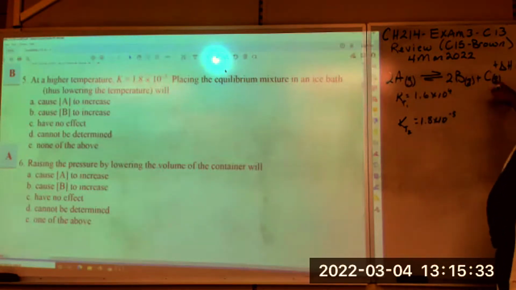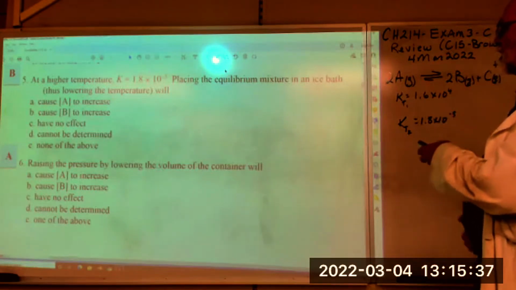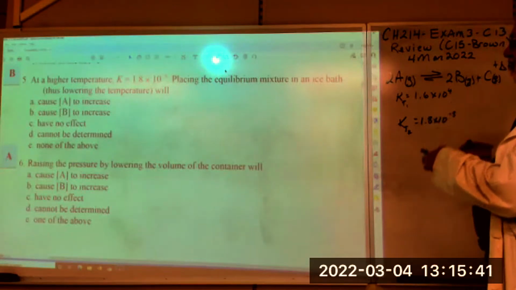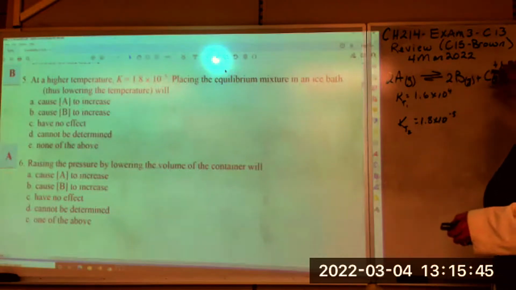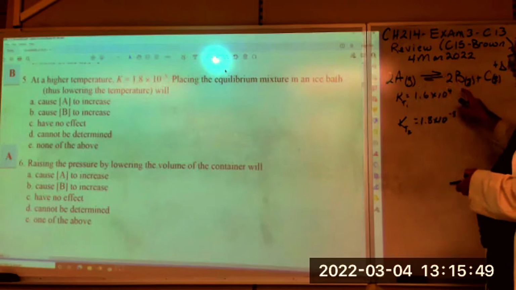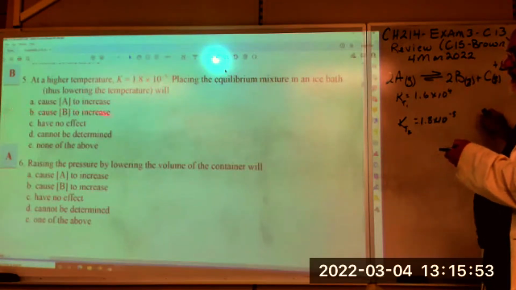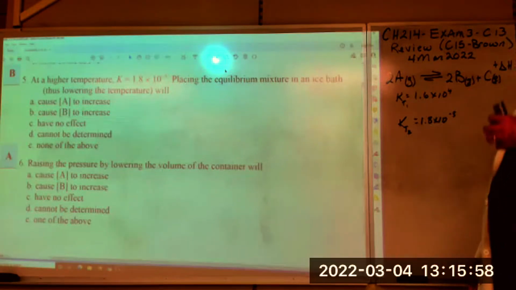Okay, now that we know it's exothermic, if we place the mixture in an ice bath, then it's going to shift this direction. So it should cause A to decrease and B and C to increase. So cause B to increase. Okay?